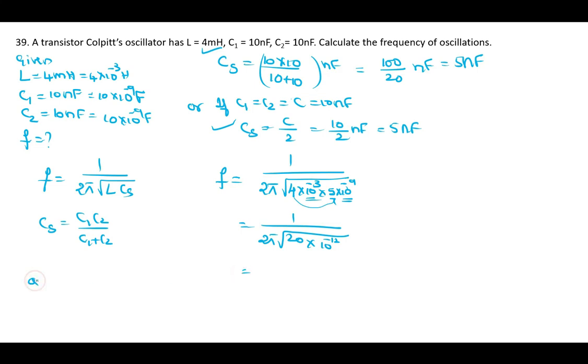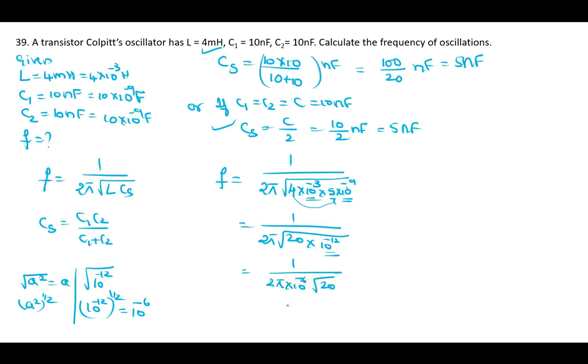You know root A square is equal to A, that is A square to the power of half. Similarly, root of 10 to the power of minus 12 is 10 to the power of minus 6. F is equal to 1 by 2 pi into 10 raised to minus 6, taking this outside the root, into root 20. I can even rewrite this as 10 raised to 6 by 2 pi root 20, so that the calculation becomes easier.